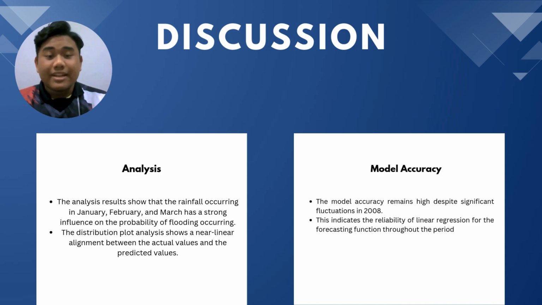Next, we can discuss the model accuracy. The model accuracy remained high despite significant fluctuation in 2008. In 2008, the highest rainfall occurred. This indicates the reliability of linear regression for the forecasting function throughout the long period.